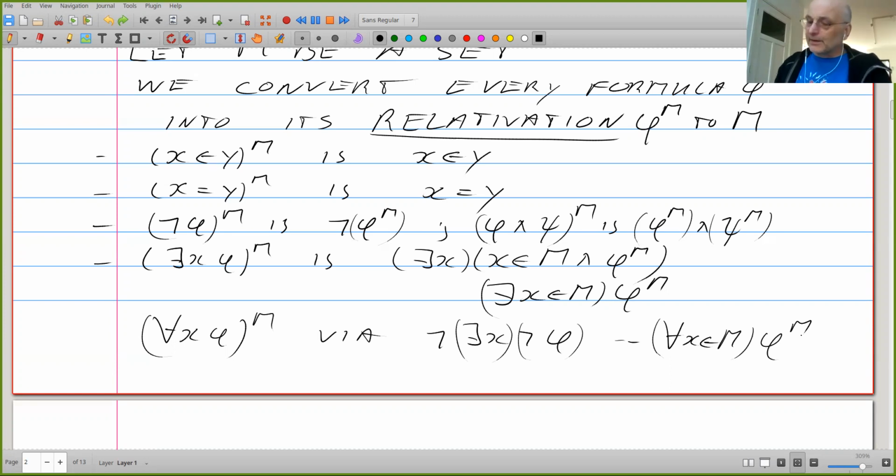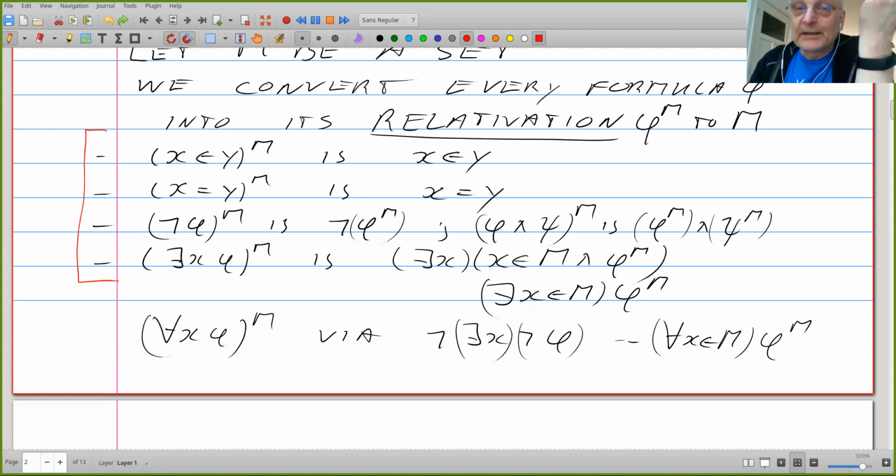Now, the reason why I was so frugal in putting M's above formulas, I only do it for the element of, the equality, the negation, the conjunction, and the existential quantifier. The reason is that later in the coming weeks, we will be doing induction on complexity of the formulas, or length of the formulas, if you will.